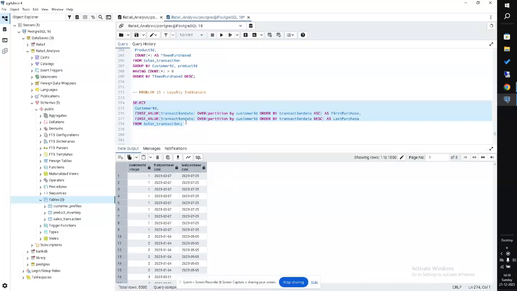Okay, let's do one thing. We don't need a window function. We just use min here, and here the max.